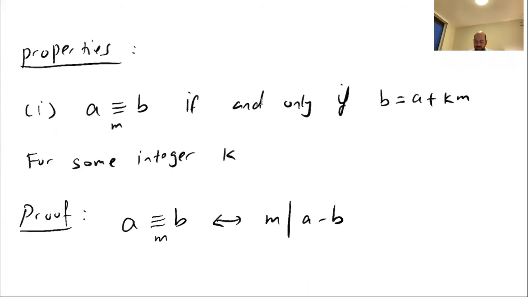So this part is using the definition of congruence, then I can apply the definition of divisibility. So when can I say that m divides a minus b? If a minus b is equal to, let's say, km for some integer k.